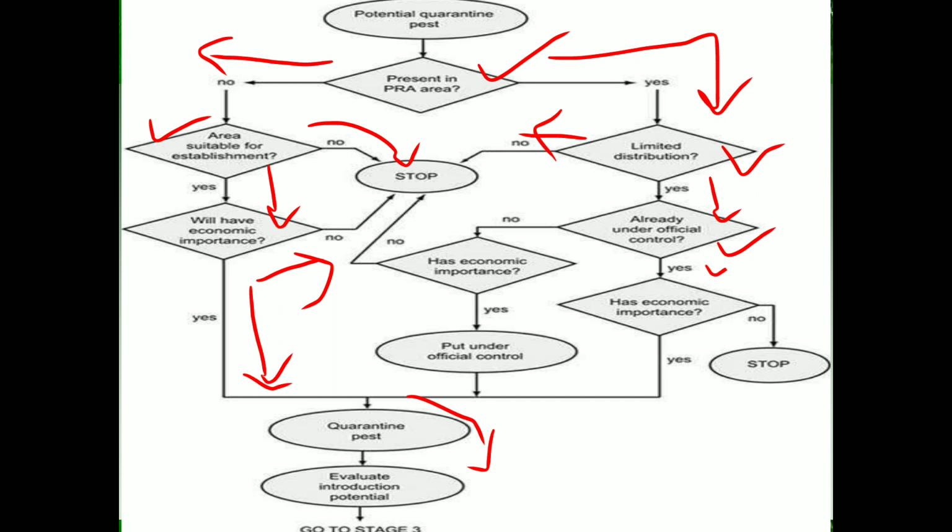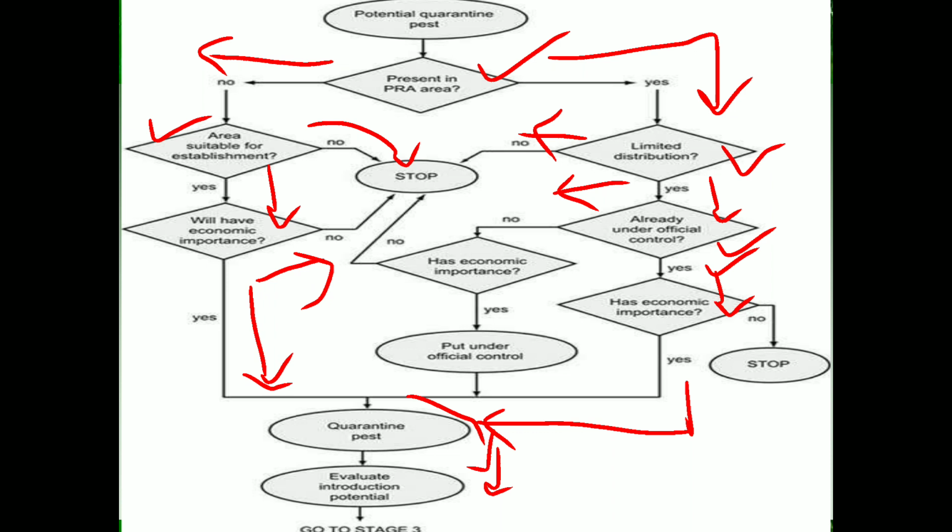If yes, again we check whether it has any economic importance or causes any economic loss. If yes, then the pest is again considered a quarantine pest, and we do the next process, that is, we evaluate the introduction potential of that pest. But if there is no limited distribution of that pest, we stop the further process.